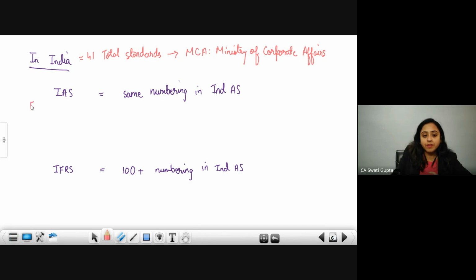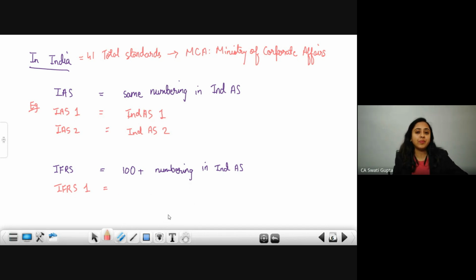For example, if it is IAS 1, then we'll say it is Ind AS 1. If it is IAS 2, then it's Ind AS 2. Same numbering, same pattern. Whereas if it is IFRS 1, then while accepting in India, in order to differentiate and segregate both lists of standards, we said Ind AS 101, the 100 plus series.